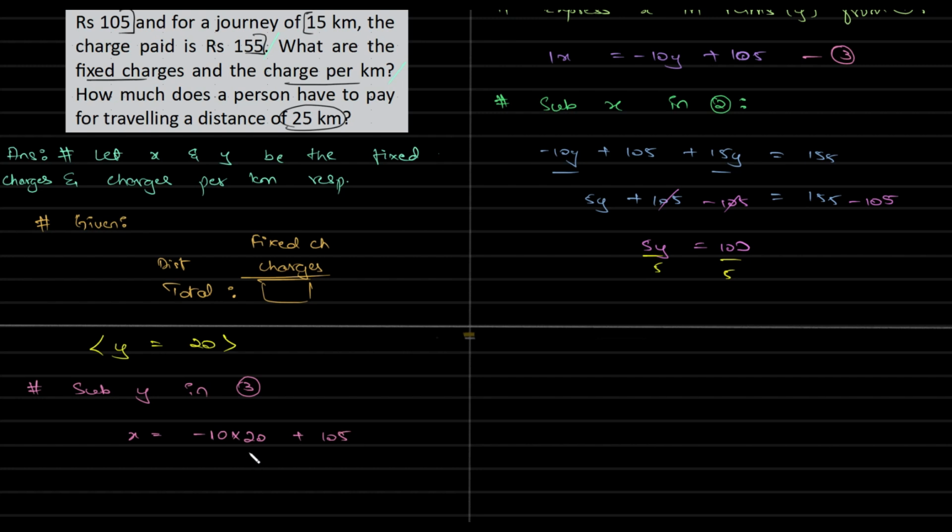Wait, what did I do? Oh, my bad. Sorry. This is 50 and this is 10. I'm sure a few of you would have been screaming, it's wrong, it's wrong. Okay, that was a bad joke. Yeah. So we have x to be equal to 5.